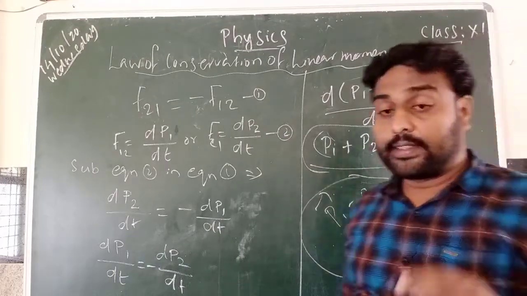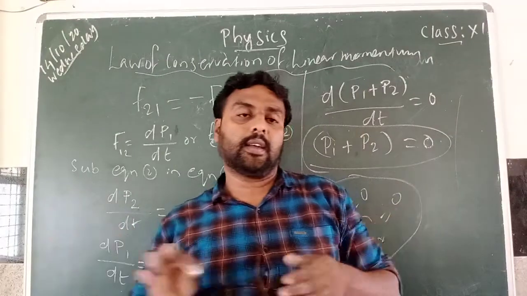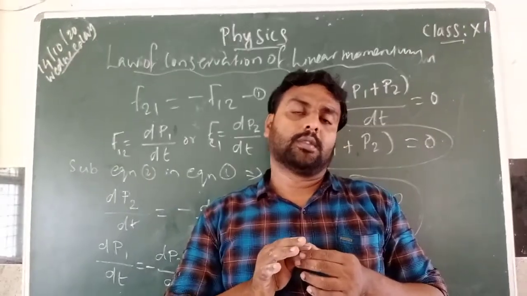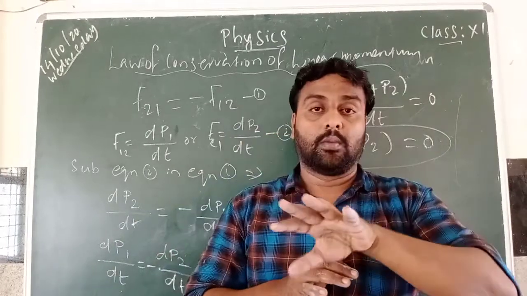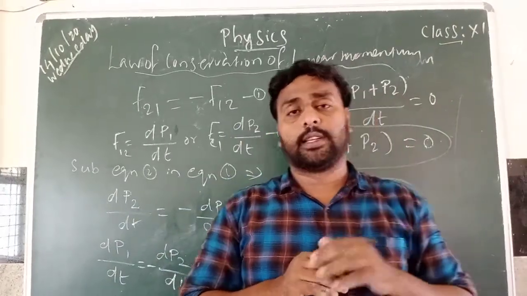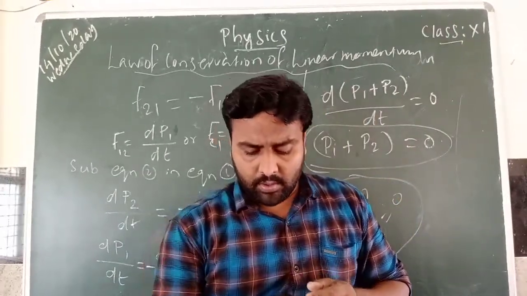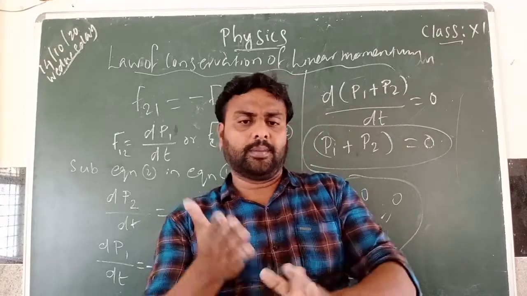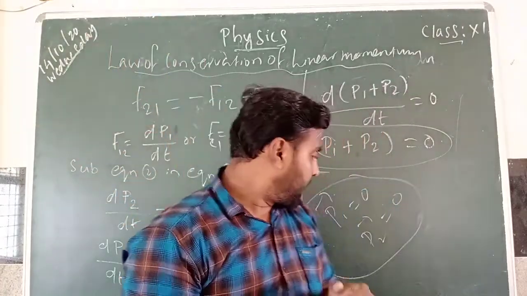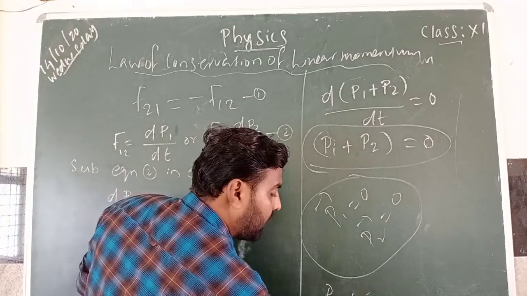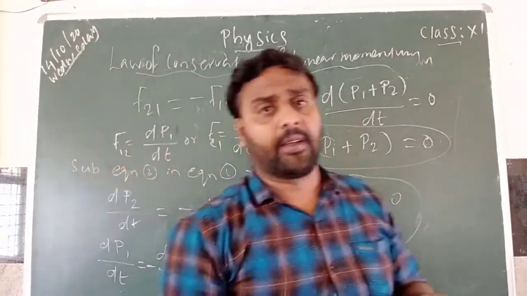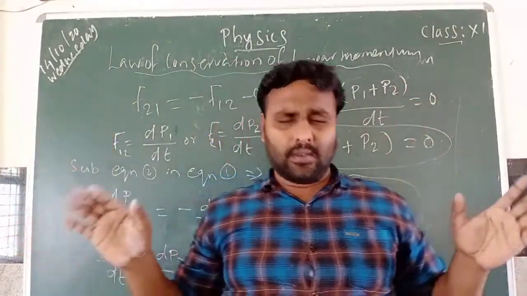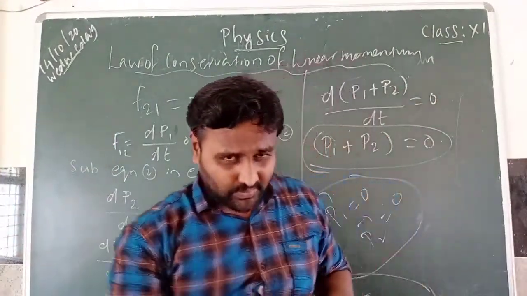Initially, everything is at rest. So the total linear momentum acting on the gun plus bullet system is 0. So P1 plus P2 equals 0. This is the situation before firing, when the gun is at rest.